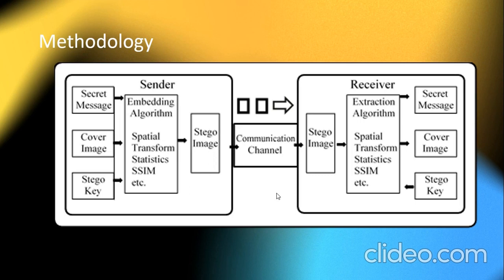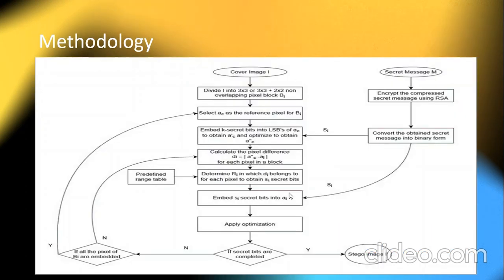But the receiver needs the stego key to do that. In this flowchart, we can see we have used RSA as the encryption technique and PVD and LSB for the embedding technique. By this process, we get our stego image.